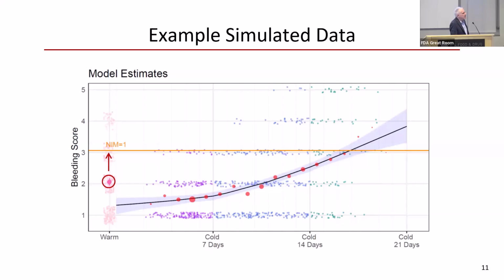And there are mean hemostatic efficacy scores observed from the data, shown by the orange dots of various size related to the number of platelets at those various time points, and a fitted line based on this monotonically increasing model. The goal of the design is to identify where that fitted line crosses the non-inferiority margin, which will reflect the maximum storage duration for which the cold stored platelets maintain non-inferiority.